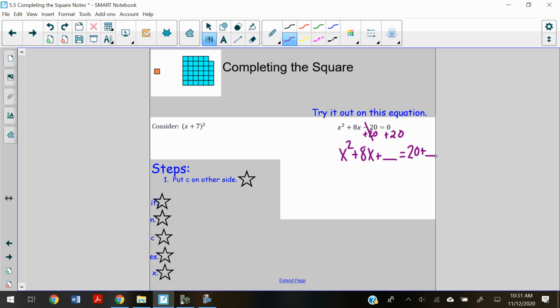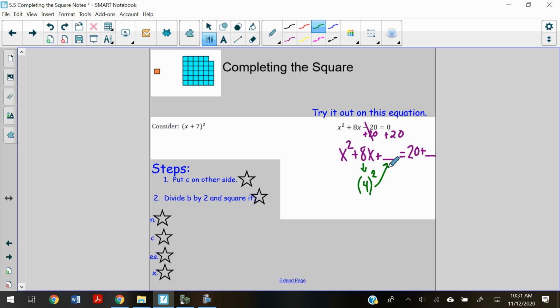Okay, because if you look back at problems 2, 3, and 4, they all were equal to a number this time. All right, step 2, divide b by 2 and square it. So step 2, I'm going to take b, which is my 8, and I'm going to divide it by 2. So that becomes 4.